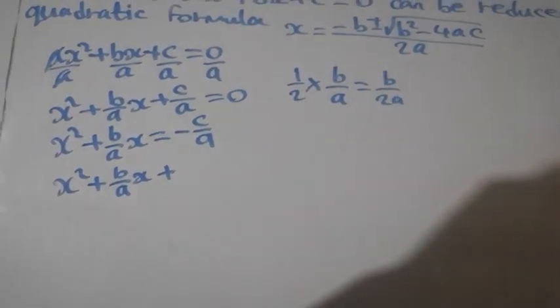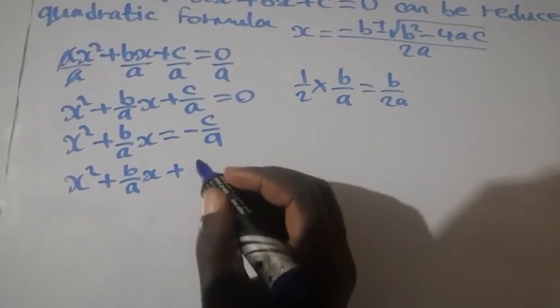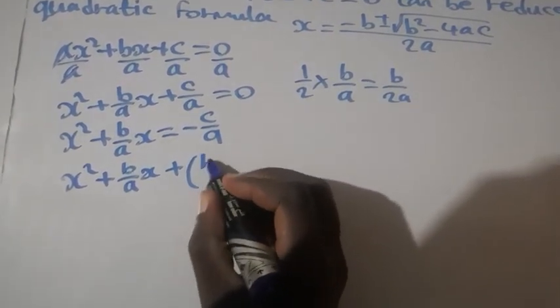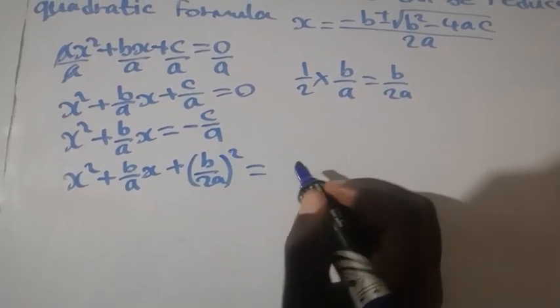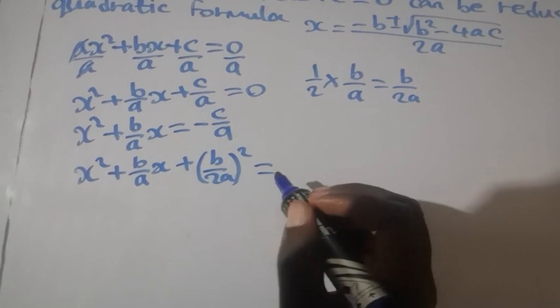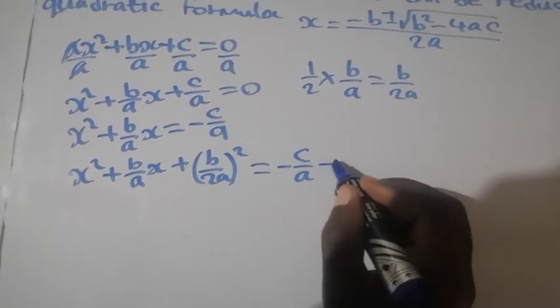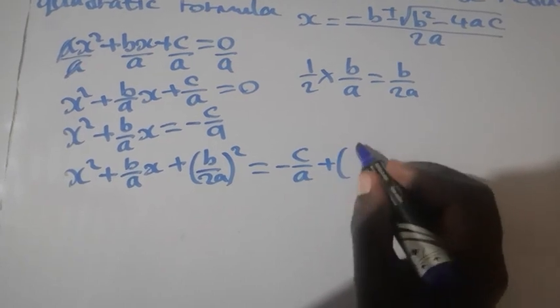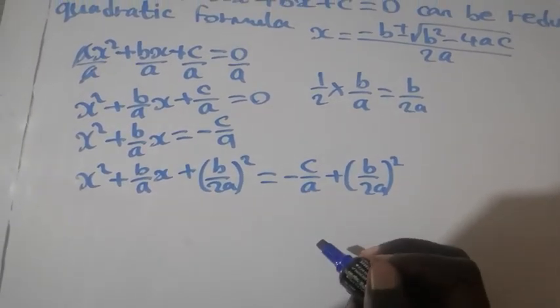So we are going to add this half, squared, to both sides of the equation. So it will be negative c over a plus b over 2a squared.